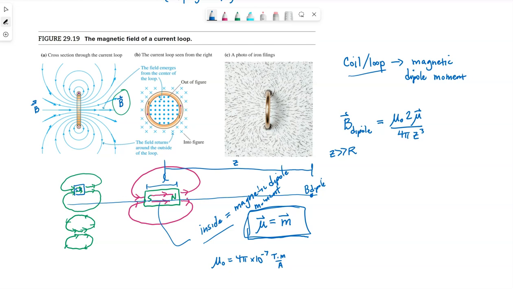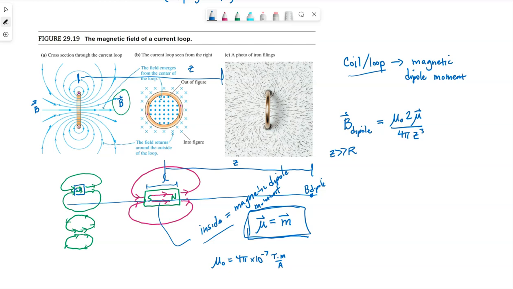Not in my picture, but that's the assumption as far as using this equation. So distance from the magnet out to the dipole, or in the loop, the distance from the loop out to where you're measuring the field. But Z has to be much larger than R.